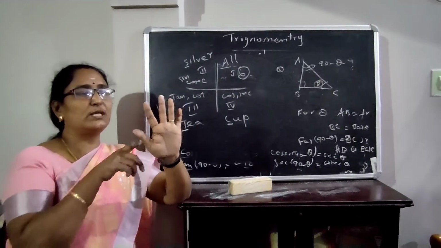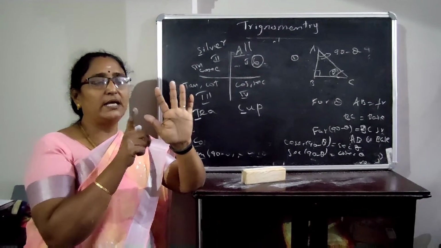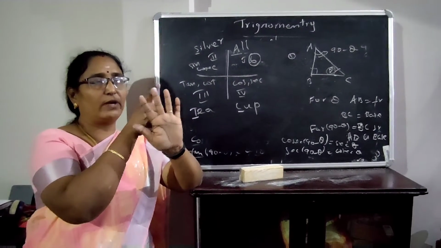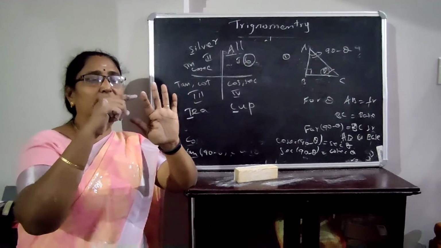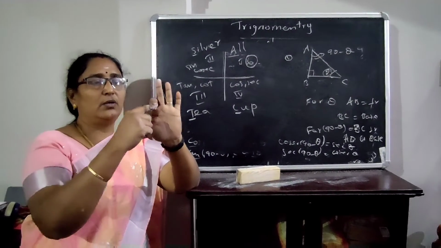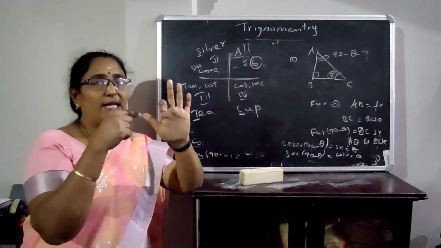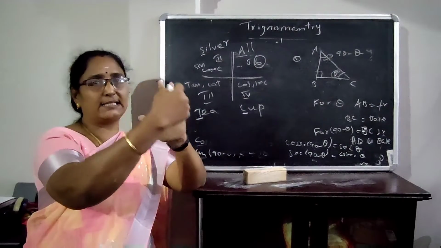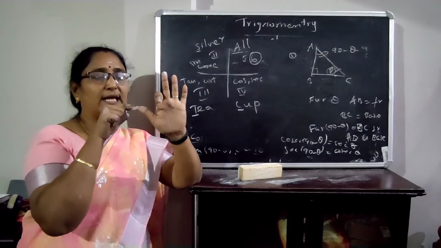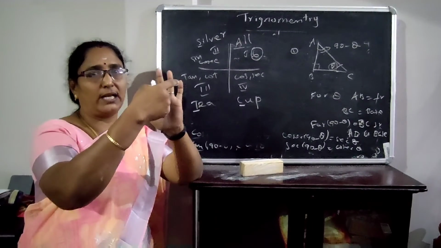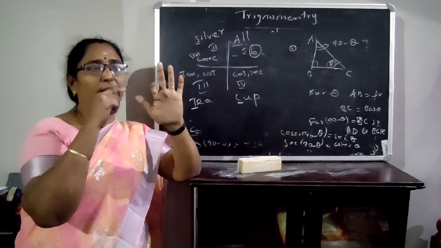One more thing is that using fingers we can find the values of each ratio for each degree: 0, 30, 45, 60, 90. For sin 30, you bend that finger. Then the left hand side is 1, the right hand side is 3, total 4. For sin, take the square root of the left hand side divided by the total.